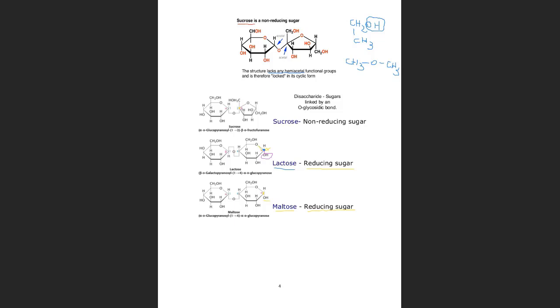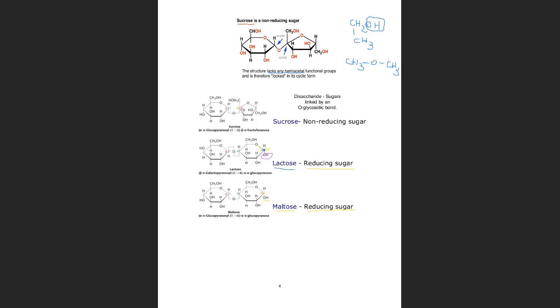Of course, if we hydrolyze that, if we produce hydrolysis of the sucrose, then it will create 2 reducing sugars, because sucrose is formed by glucose and fructose when we do the reaction of hydrolysis.